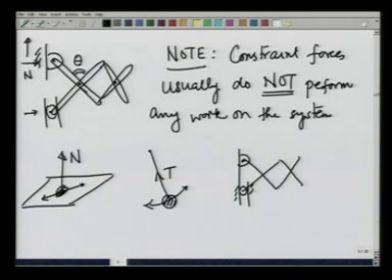The point here, A point, does not move at all, and therefore, no work is done by the normal forces at this point. The normal reaction at this point B is perpendicular to the direction of motion, and therefore, that also does not do any work. How about the forces due to the pins here? You see, the pins apply a force on one particular bar in one direction and exactly opposite force on the other bar.